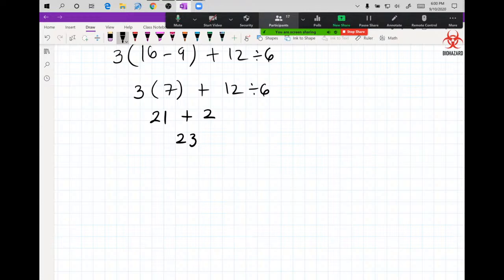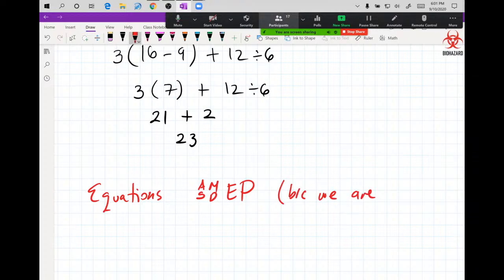So if I have an equation, so, switch here. Equations would use reversed PEMDAS. So, PEMDAS like this. Because we are removing terms, meaning we are going backwards.